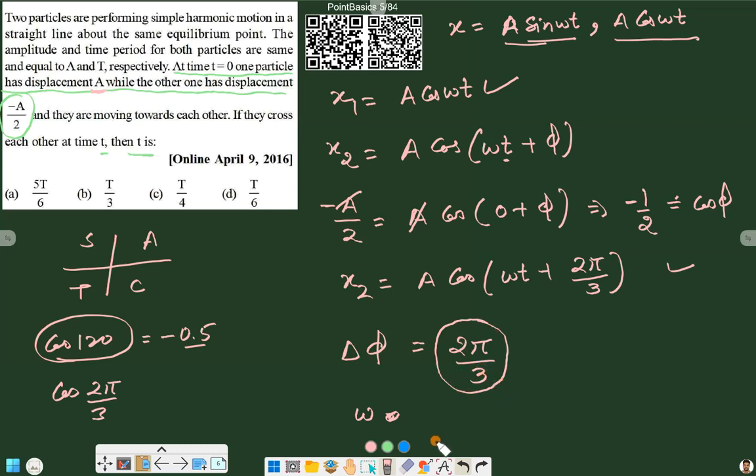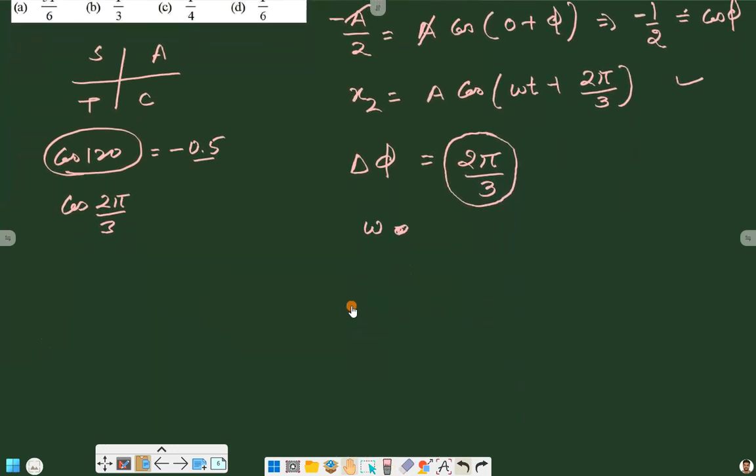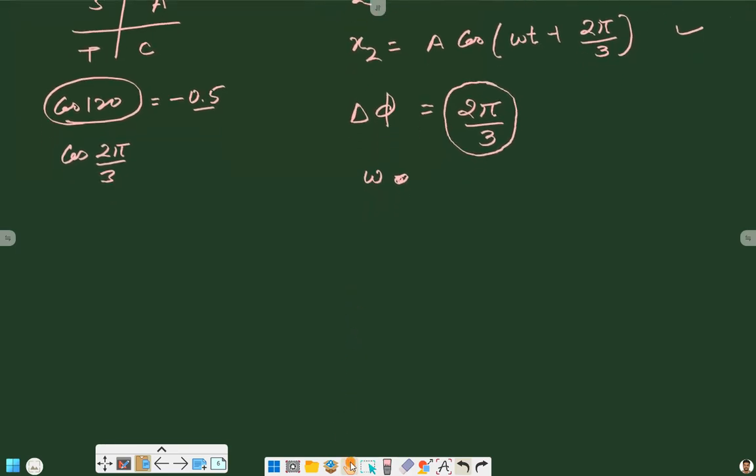And now as both of them are moving towards each other, suppose this is the first one that is moving with angular velocity omega, and that is the second one that is moving with angular velocity omega. So their relative angular velocity, because they are moving towards each other, will add.